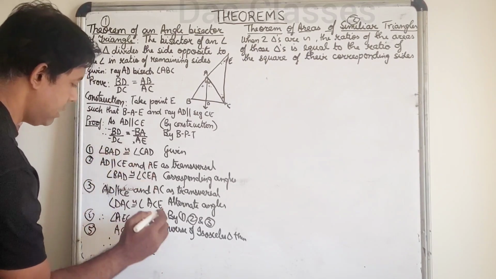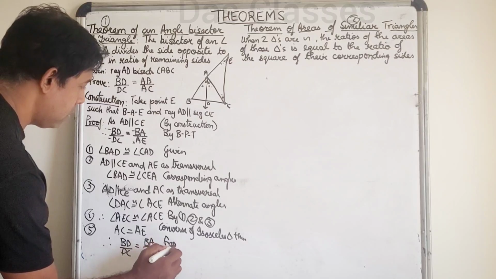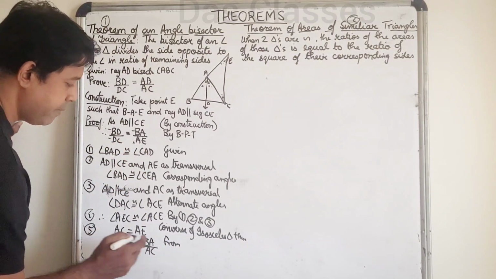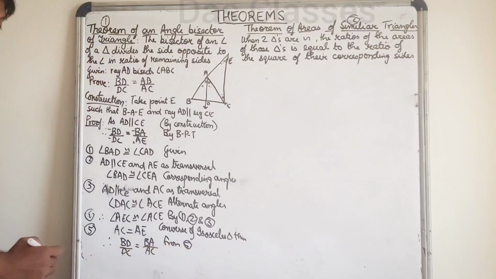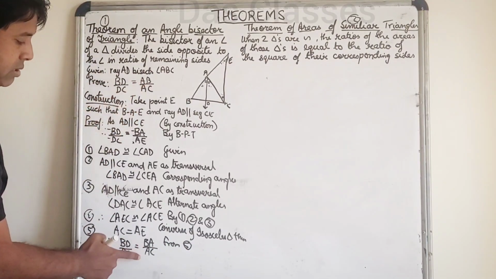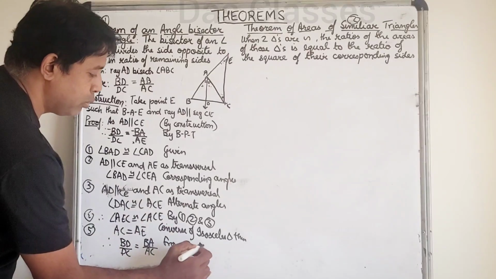This is from statement number 5. And that is what we needed to prove. BD upon DC is equal to BA upon AC, proved.